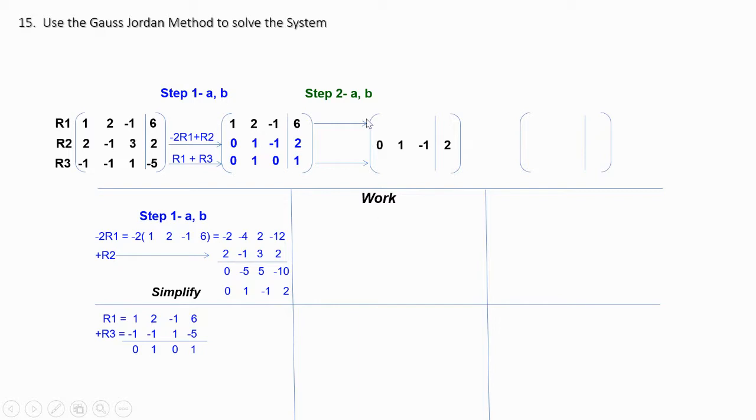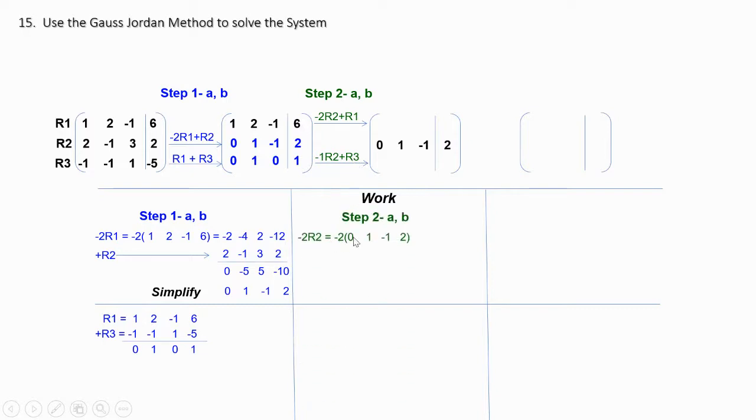Okay, but let me continue with step 2. So I need to use row 2 to eliminate the 2 on the top row and the 1 on the bottom row. So it's going to be -2 row 2 plus row 1. Here's going to be -1 row 2 plus row 3. And here's my work.